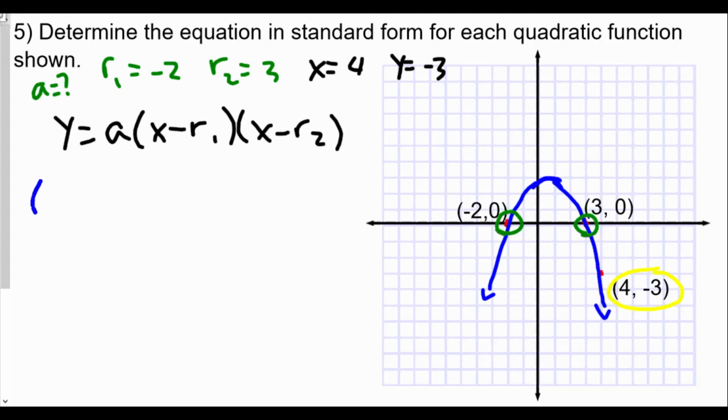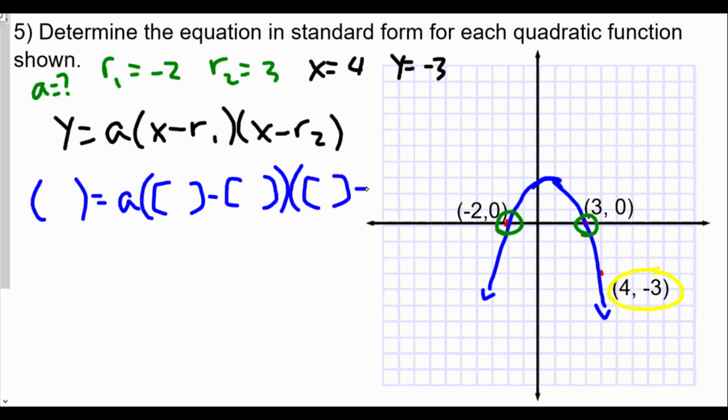So we have y equals a times (x minus r1) times (x minus r2). So now we're going to plug in y is equal to -3. Our x value is 4, so it's a 4 here and a 4 here.